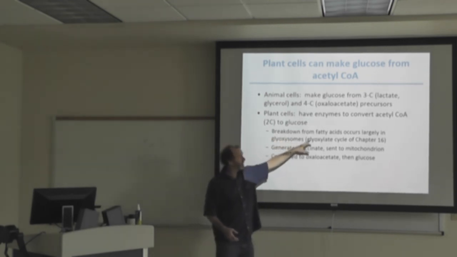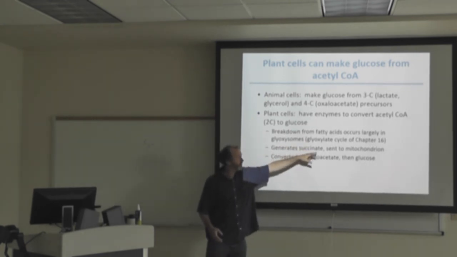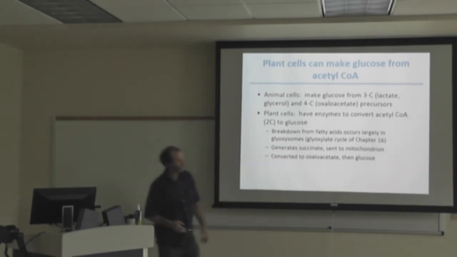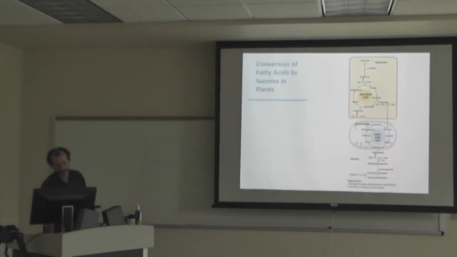Breakdown of fatty acids occurs largely in the glyoxysomes. The glyoxylate cycle of chapter 16 generates succinate, sent to the mitochondria, converted to oxaloacetate, and then glucose. And this is where you get that.